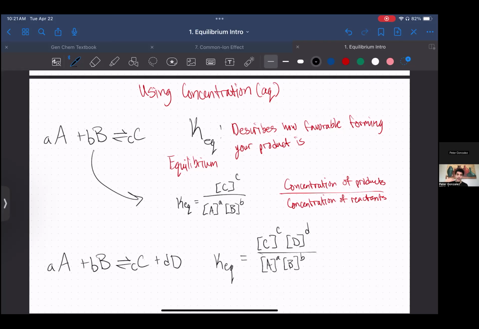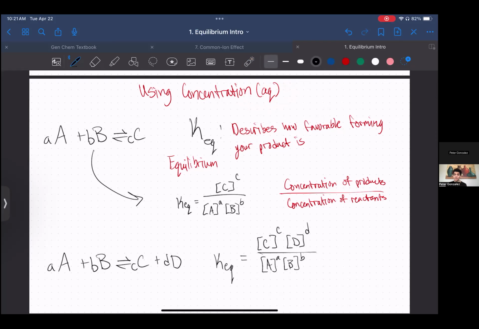Doing the products over the reactants. But one thing you'll notice is that I wrote this with aqueous at the top. All aqueous means is ions in a solution of water or whatever. So you can either talk about ions dissolved in water or dissolved in some solvent, or you can talk about gases in a chamber, like we did in the whole gases unit, which we can talk about now too.